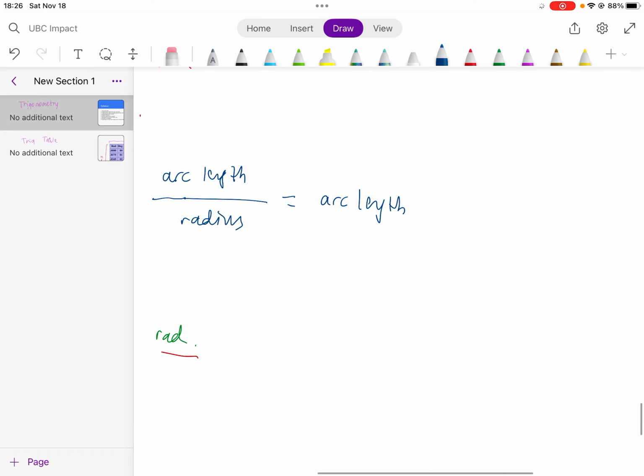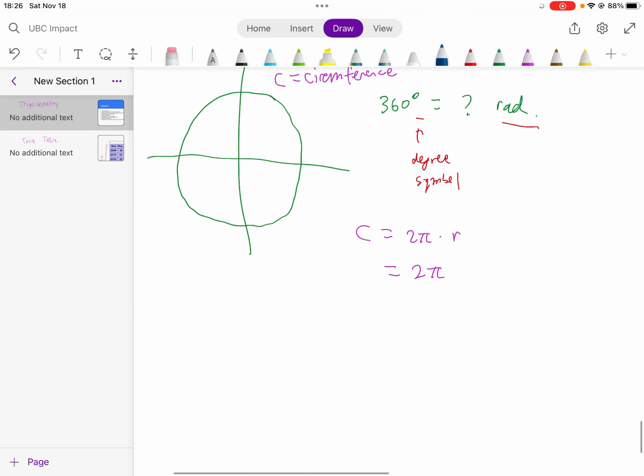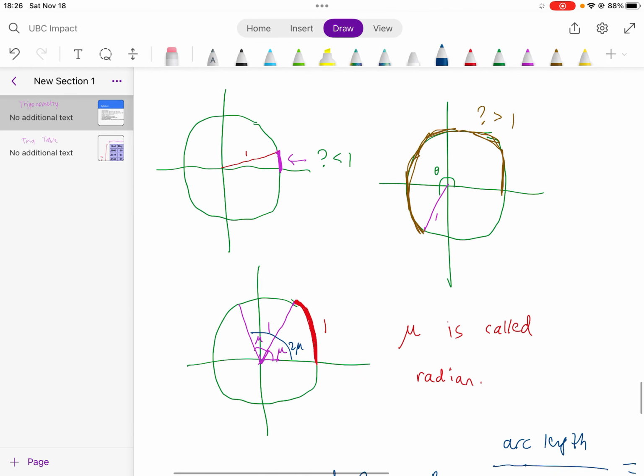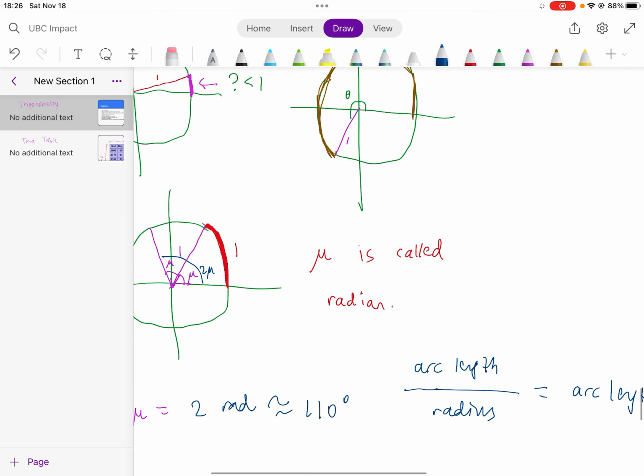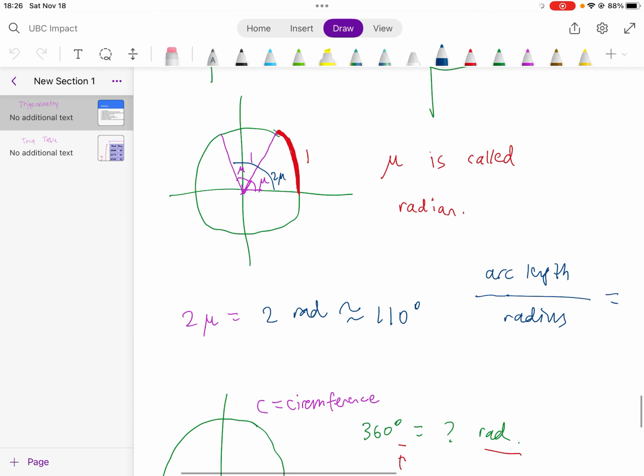So when we talk about this ratio, it's equal to the arc length itself. So when this ratio is 1, or when the arc length is 1, then it's 1 radian. And for 2 radians, we already said that this here is 2 radians, right? 2 mu.